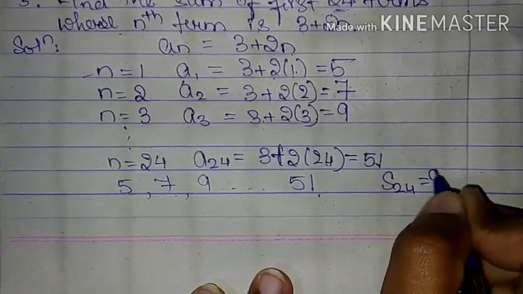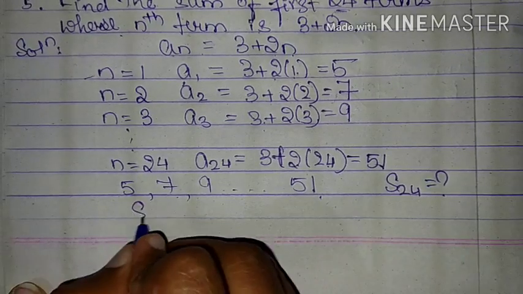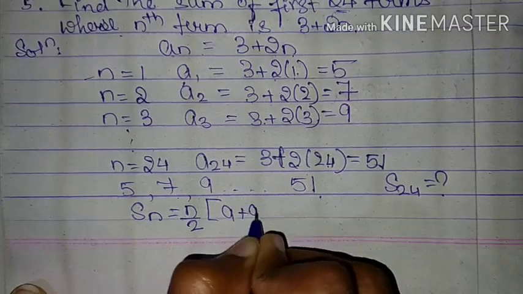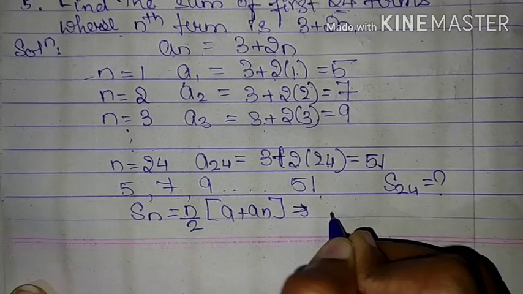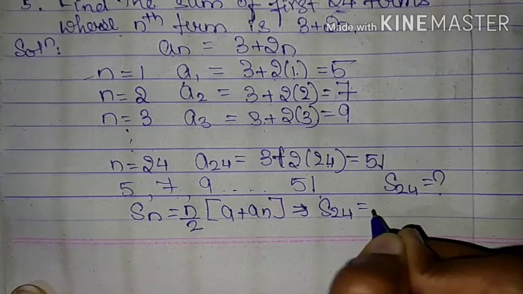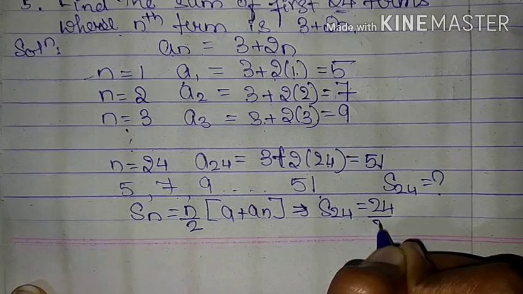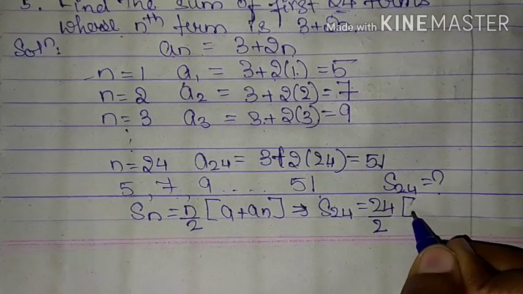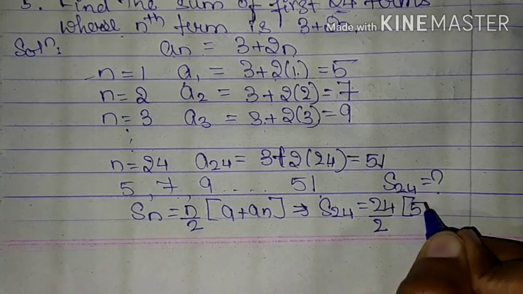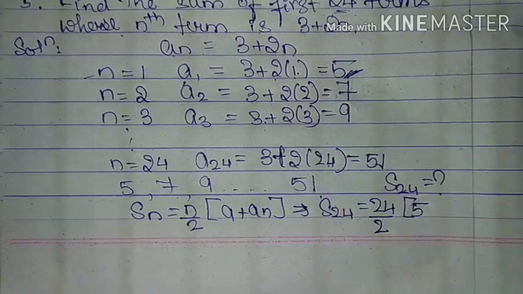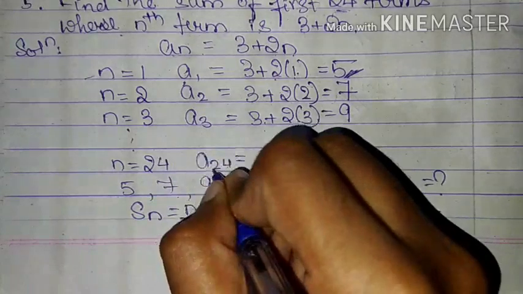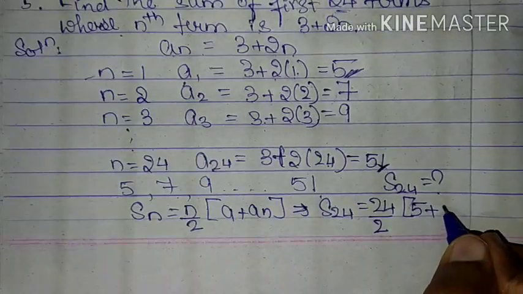Using Sn is equal to n by 2 into a plus an, we get S24 is equal to 24 by 2, because n is equal to 24, into a is 5. We got the value of a here as 5, and an is 51, that is a24 is 51.